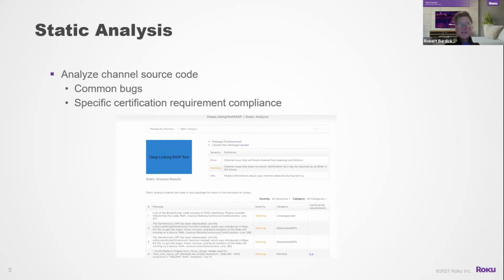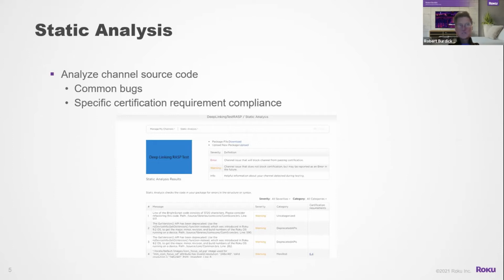We had this aim of being able to test and check for compliance with some level of the channel certification requirements, with simply analyzing your code statically with some of our backend services to look for common bugs. API deprecations, failure to include certain libraries to meet requirements, etc. And that system has been up and running for some time.